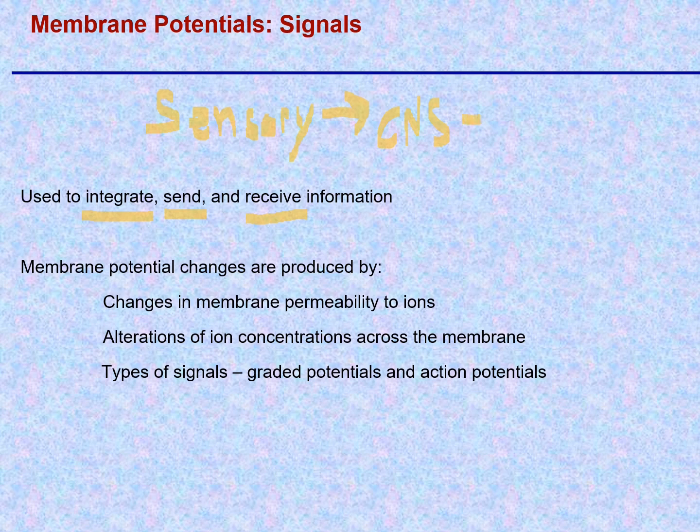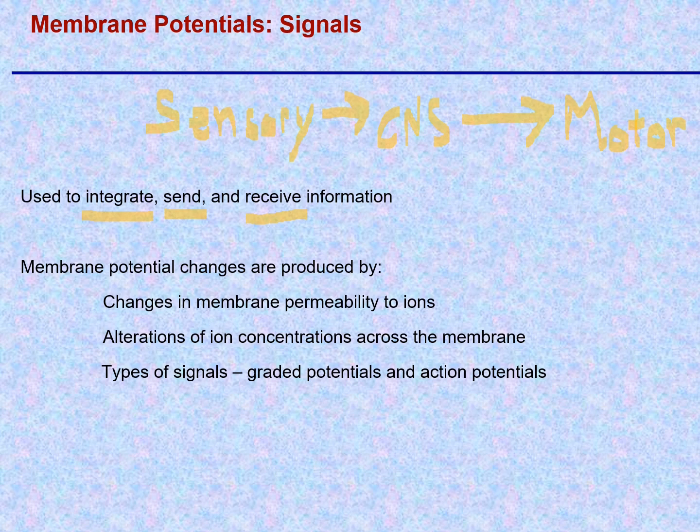And then, if necessary, a signal is sent out via motor neurons to excitable tissues, effector tissues like muscle and glands. So you need to get a change in resting membrane potential towards the more positive to hit threshold to generate an action potential, which is the signal.